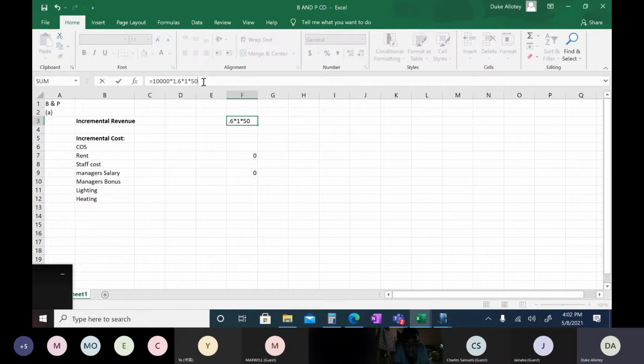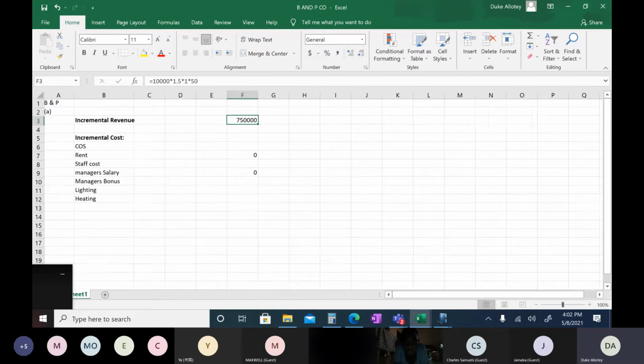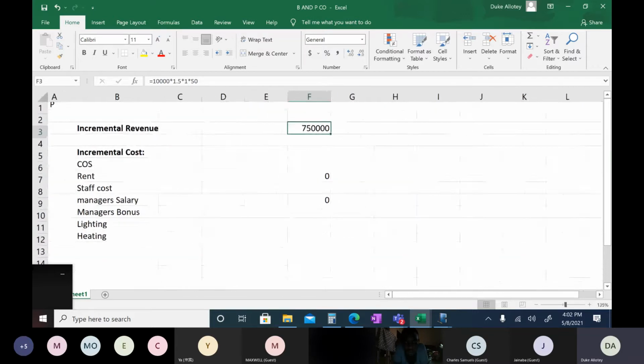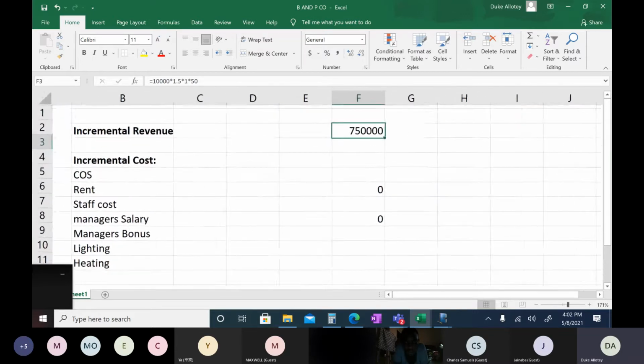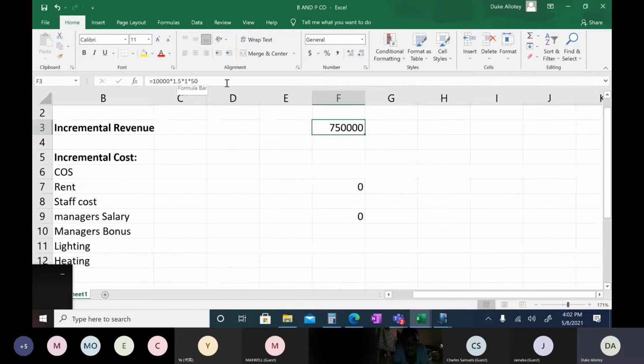Yes, you got your 50, but you must have done this at 1.5. Somebody can see from here that instead of 1.6, you did 1.5, and that shouldn't be a problem. I hope you can see better this way. I'm trying to increase that.